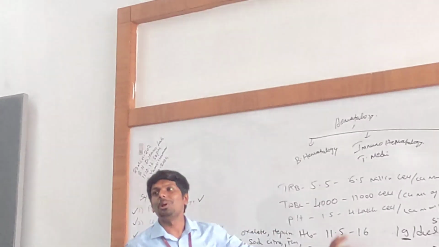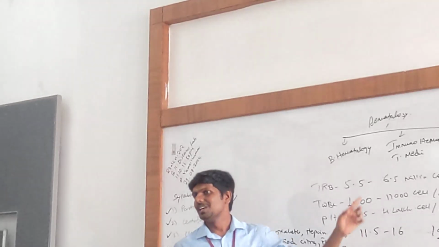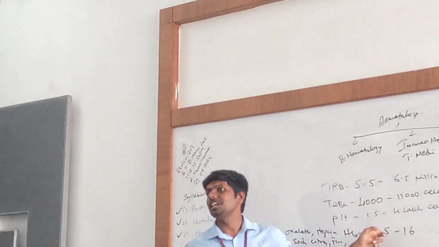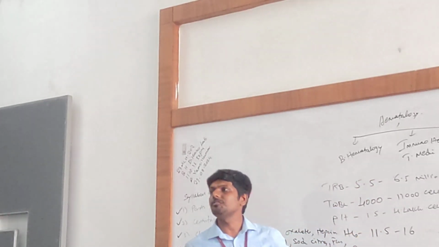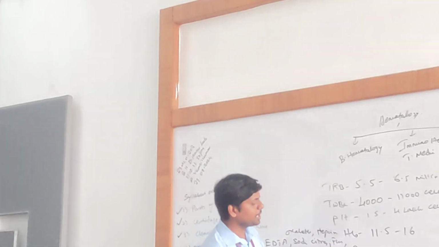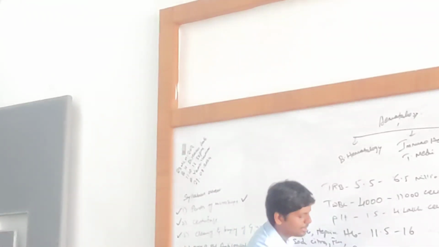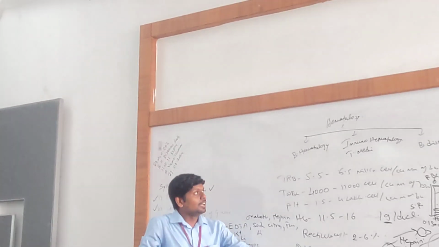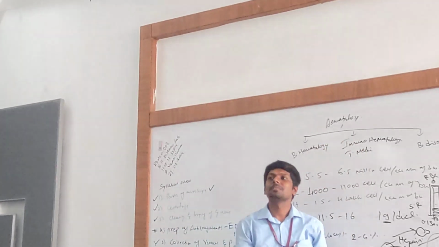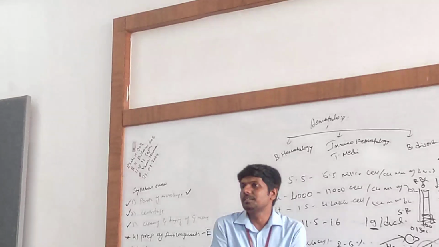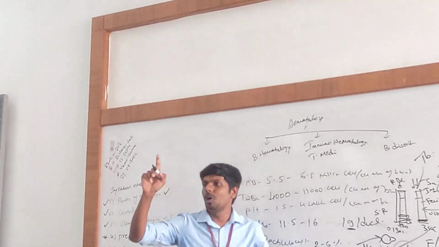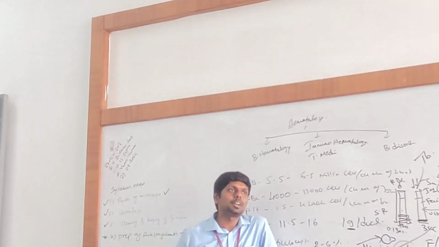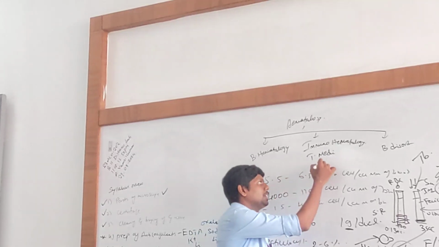These are the tests we will do in basic hematology: WBC, RBC, platelet count, hemoglobin, PCV, ESR, and there is something called indices that I will discuss later. Coming to transfusion medicine. Here we are doing one important blood test. What is that? Very good.